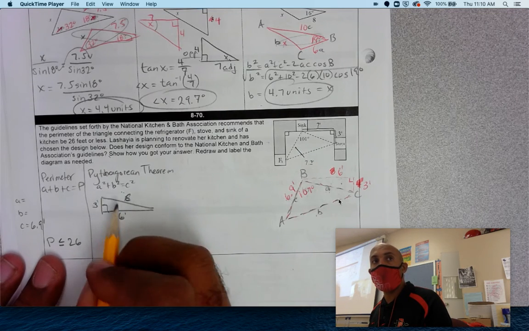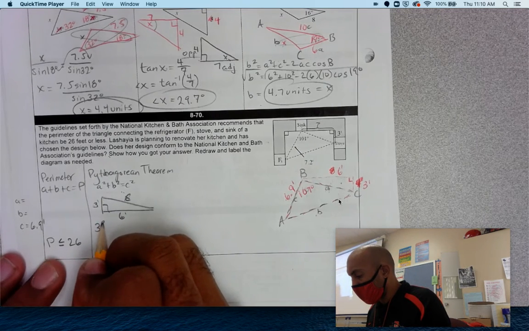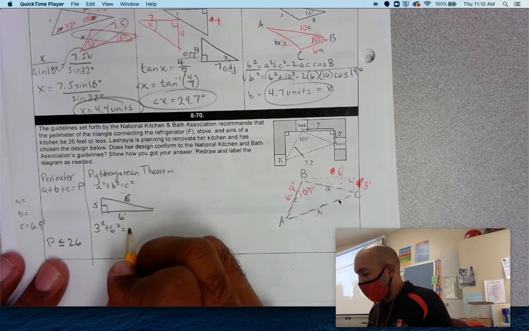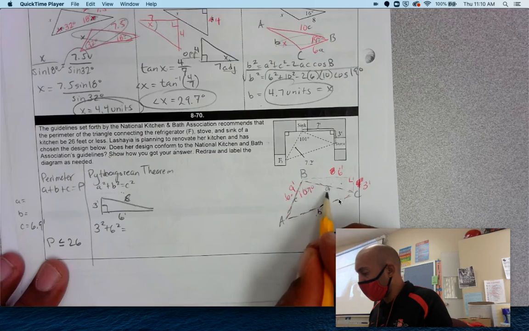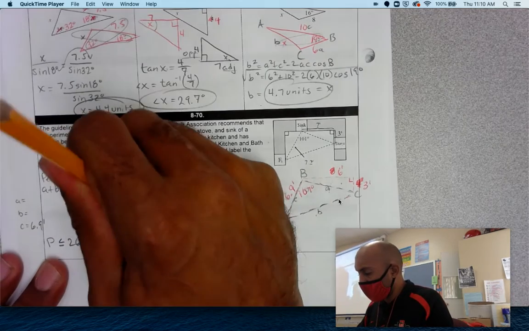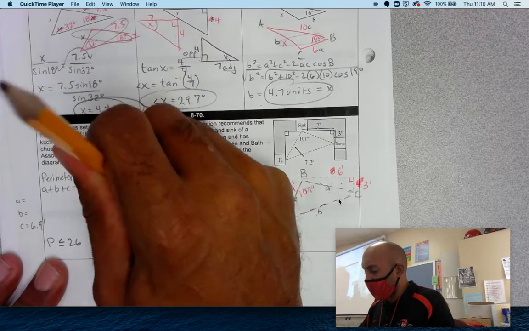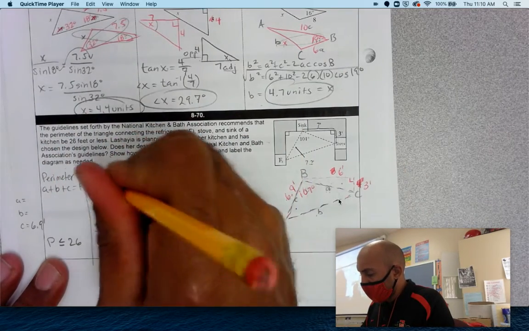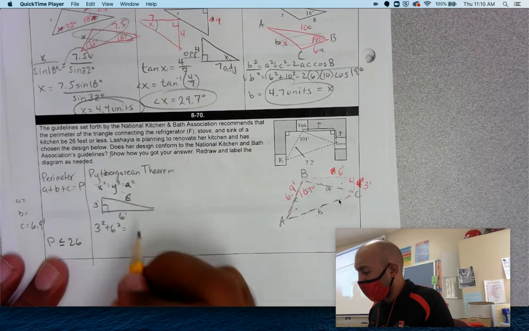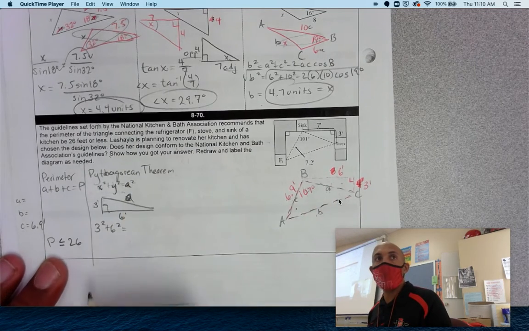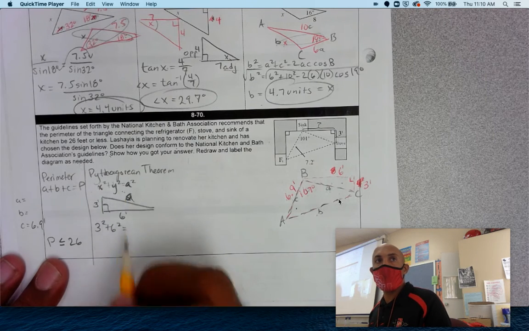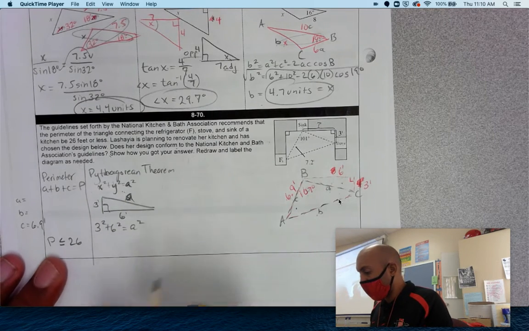So that's the left side. So we're going to set this up as 3 squared plus 6 squared equals the hypotenuse squared, which actually really is A. Okay, it might be a good idea. Let's do some different letters. Let's say that x squared plus y squared equals that side A squared. Okay, that might kind of help us out here. So the x is the 3, the y is the 6, and the a squared is what we're looking for.